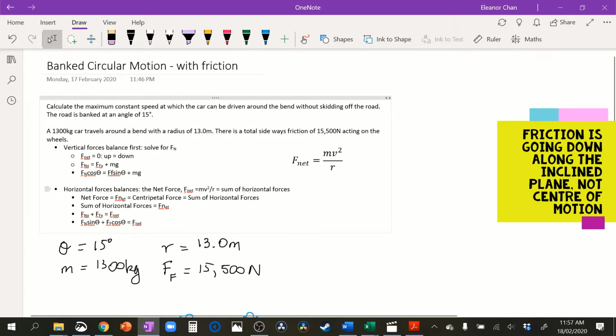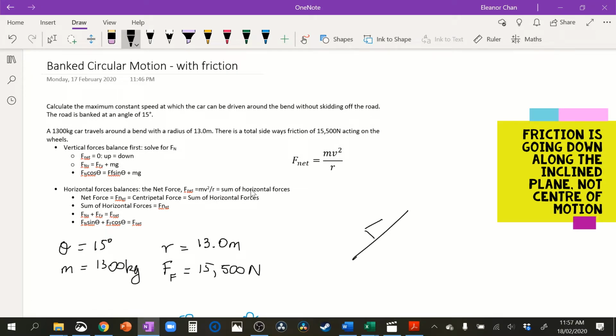The reason being is the car is not skidding off the road. The car is going into the bend. So what we need to remember is, when we have banked motion and the car is going around, if the car is going too fast, then the force of the car coming in is going to exceed friction and the centripetal forces, and it'll go out.